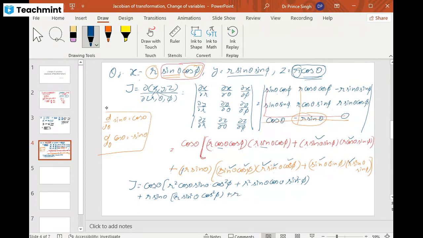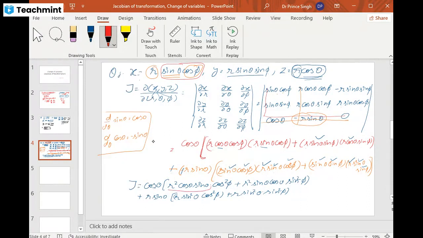So sin theta, sin square theta into sin phi, sin square phi.